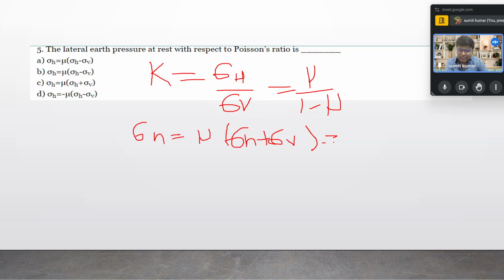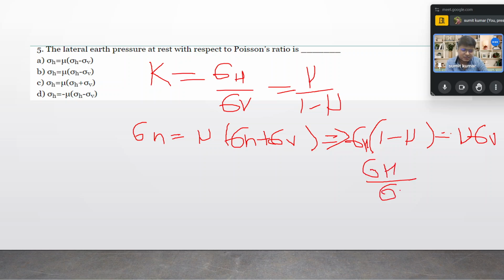And when we do our calculation and we take the common sigma h, the value is going to be sigma h into 1 minus mu, and the second value is going to be mu into sigma v. And when we calculate sigma h by sigma v, we come across mu by 1 minus mu.